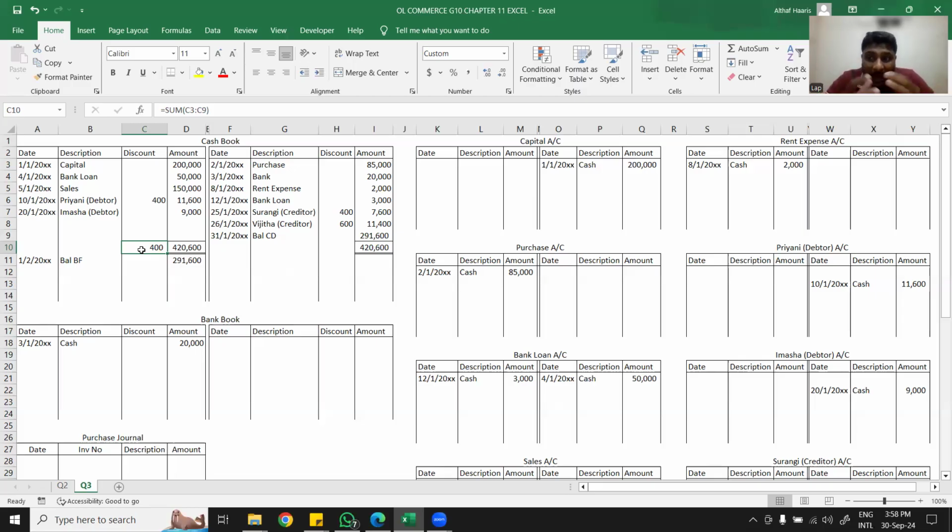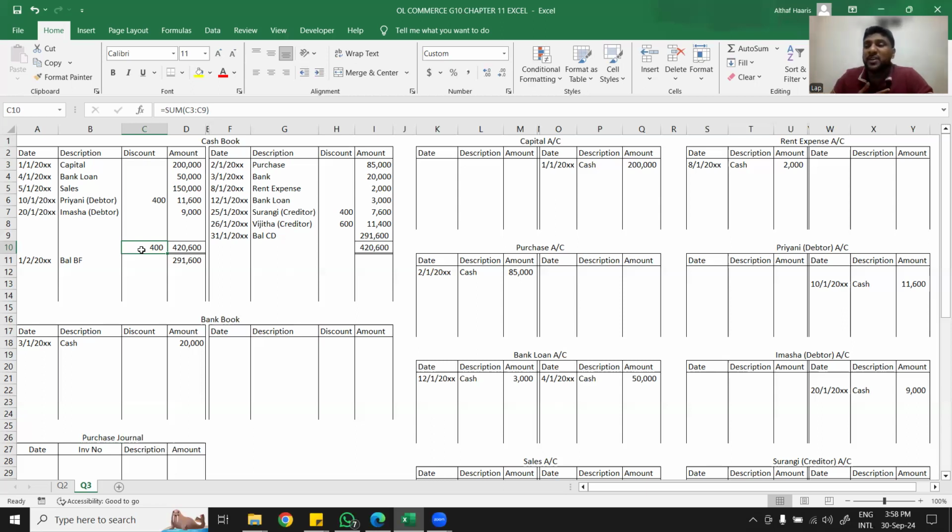So if you can't tell the double entry at once, discount allowed, tell me the double entry. Now you're thinking and waiting. Thinking and waiting means you have a very big problem, because in accounting double entry is very, very important. Then what should you do?